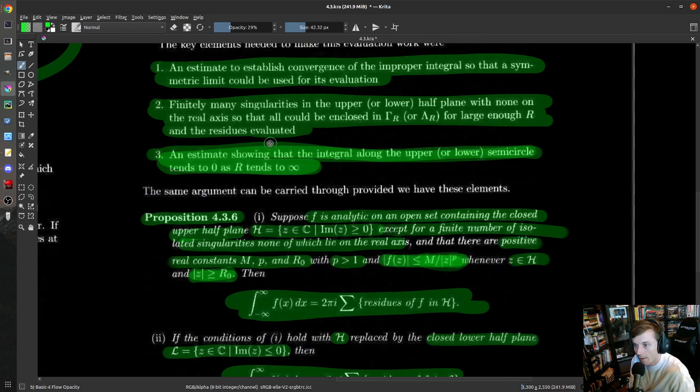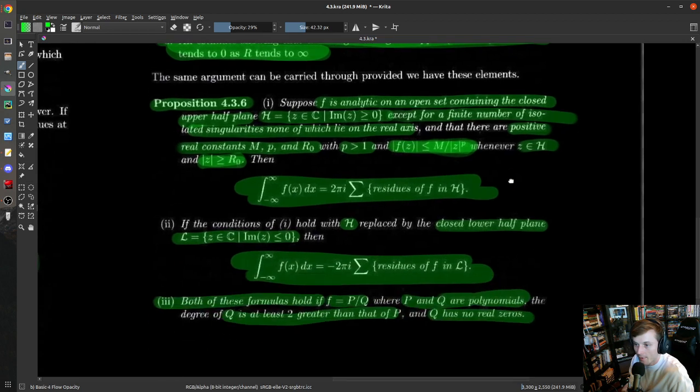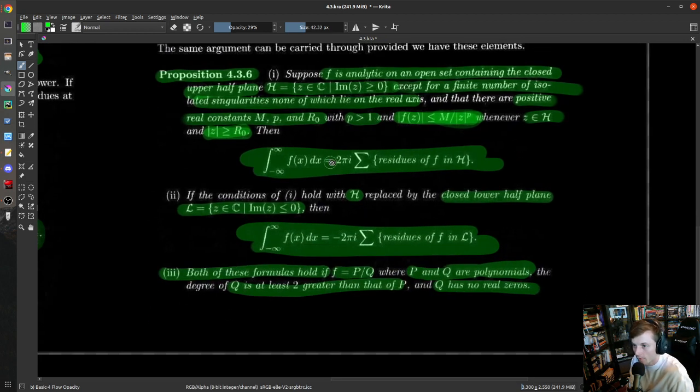Finally, we wanted an estimate showing that the integral along the upper or the lower part of that half circle tended to 0 as the radius of the half circle went to infinity, and when that happened, we were able to generate some nice formulas. We got 2 pi i times the residues of f in either the upper or the lower half plane, and notice when we switched from upper to lower, we got a minus sign.